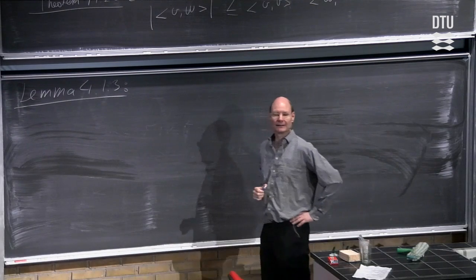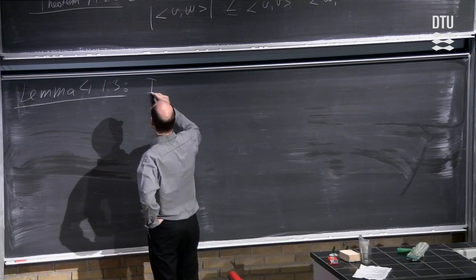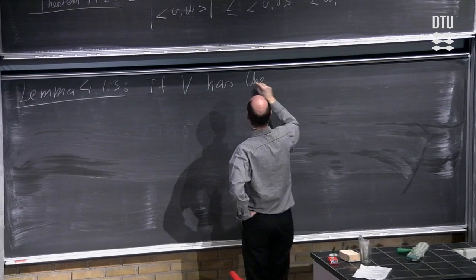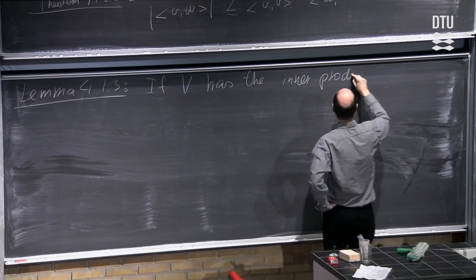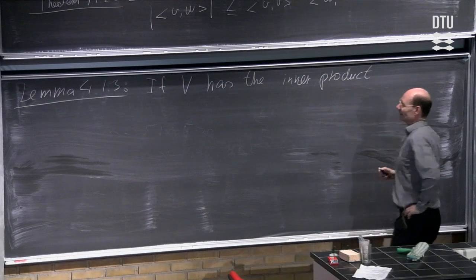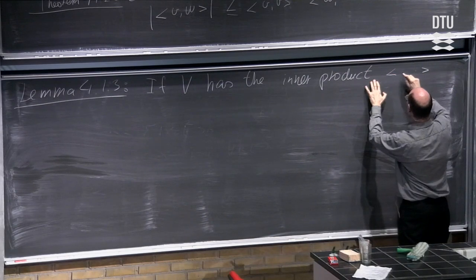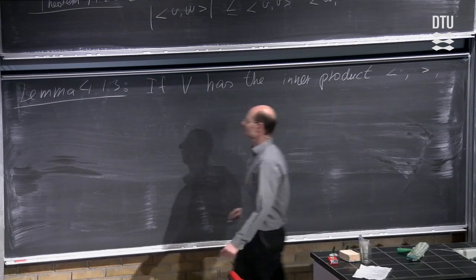So what it says is that if you have a vector space with an inner product, so we take the inner product and we denote it by this triangle notation, then we automatically have a norm on the space.